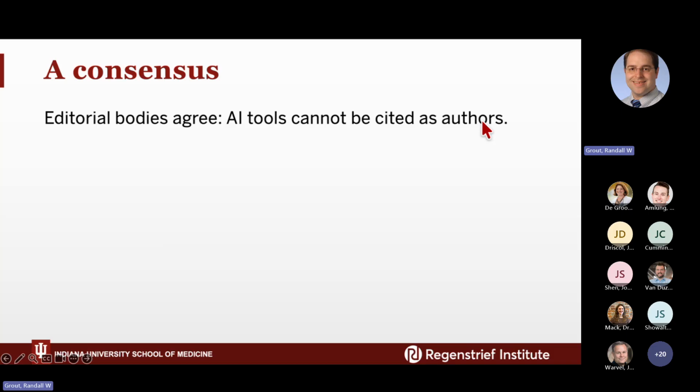As I mentioned, initially people testing the water were saying ChatGPT was a full author, but in the past several years, the major editorial bodies have agreed AI tools cannot be cited as authors.